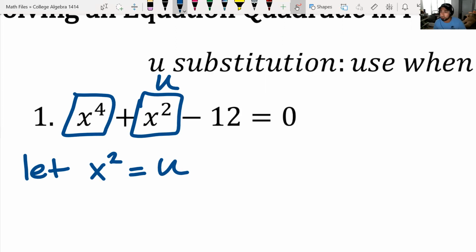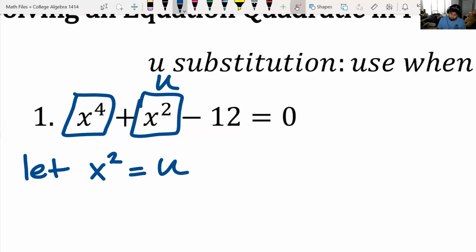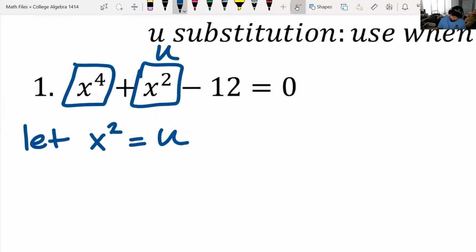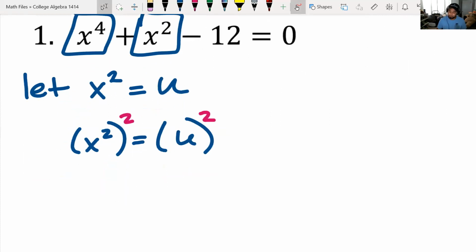How do we make a substitution for the leading term? Well, look at the difference. From x squared to x to the fourth, there's a power difference of 2. So in order to get the second substitution for the leading term, all we have to do is square both sides of this substitution. So we will say parentheses x squared squared equal to parentheses u squared, and let's see what we get.